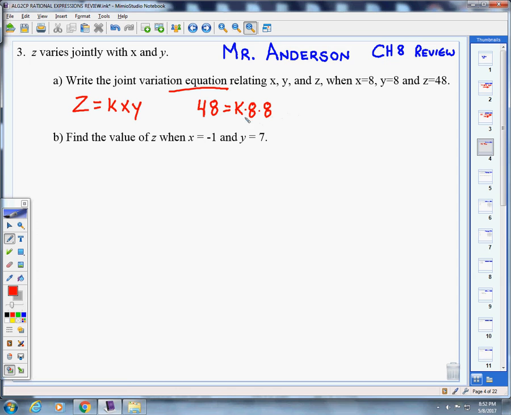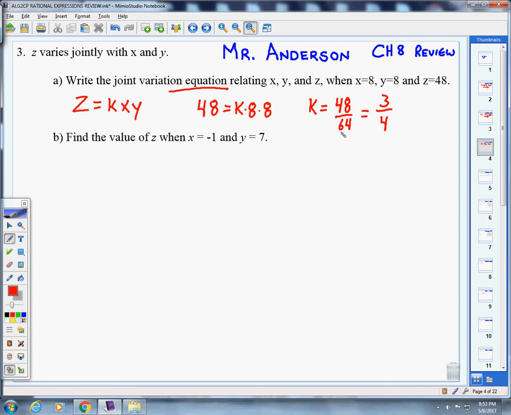All right, so we're going to divide each side by 64. We're multiplying by 64, so divide each side by 64. We find that k equals 48 divided by 64. And it looks like we can divide the top and the bottom by 16. 48 divided by 16 is 3. 64 divided by 16 is 4.